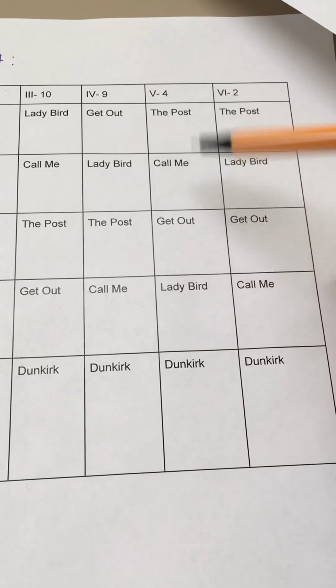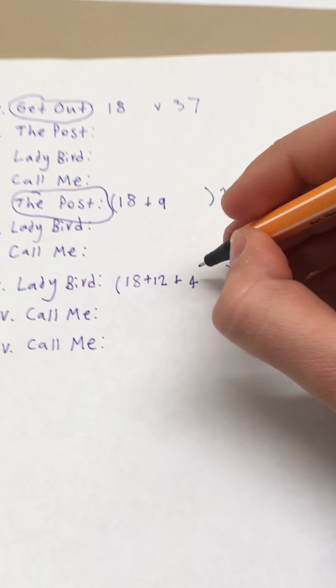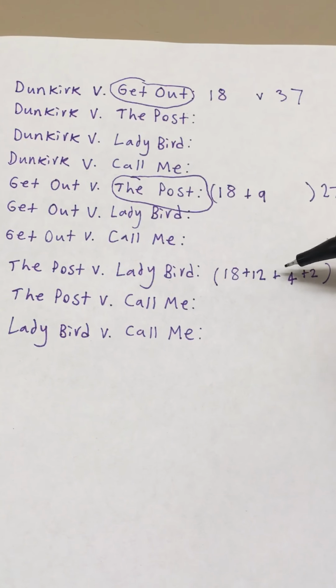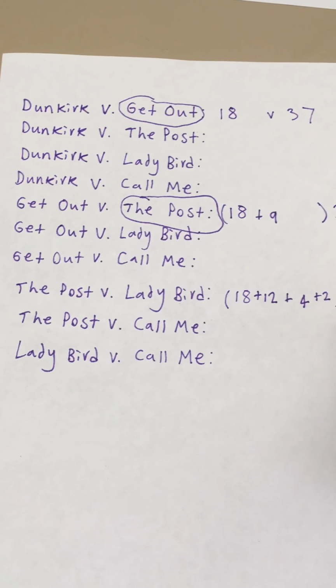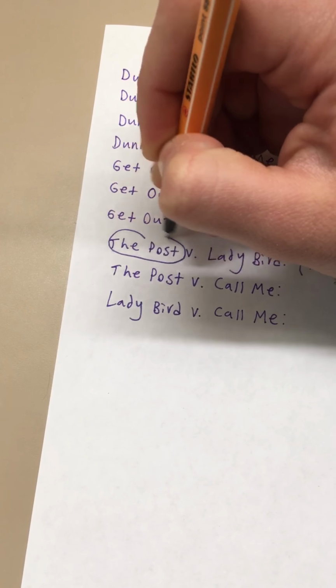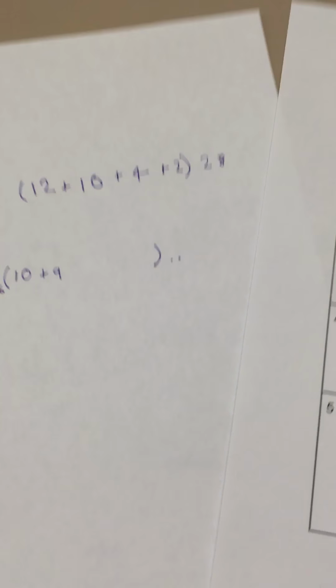Group of 4, The Post beats Lady Bird. Group of 2, The Post beats Lady Bird. So The Post has 36 points and Lady Bird has 19. So The Post beats Lady Bird. Now let's look at The Post versus Call Me By Your Name.